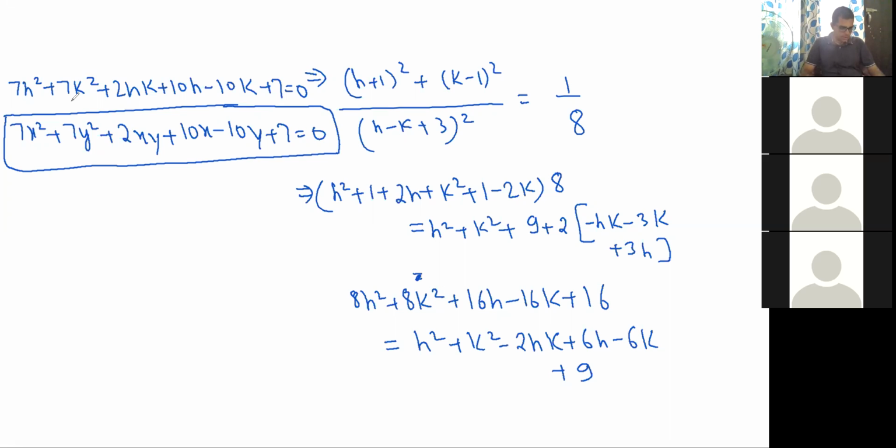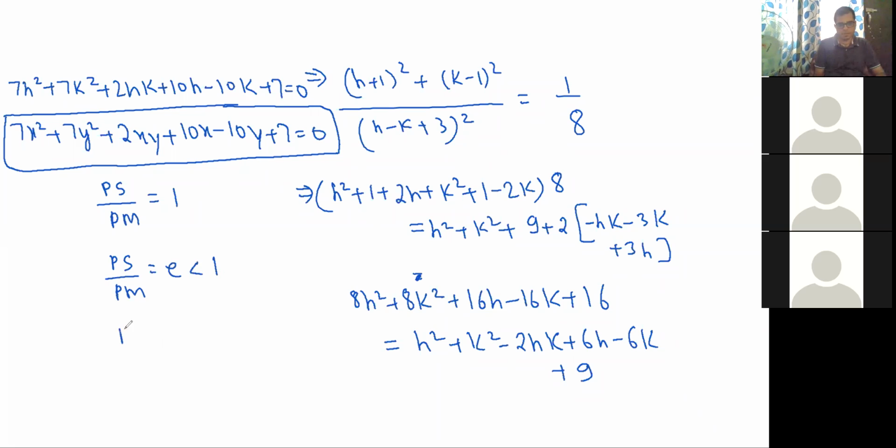And this is the thing, the concept is the same. In every case, whether ellipse or parabola or hyperbola, you have to find PS by PM. In case of parabola, PS by PM is 1. In case of ellipse, PS by PM is equal to e, which is less than 1.